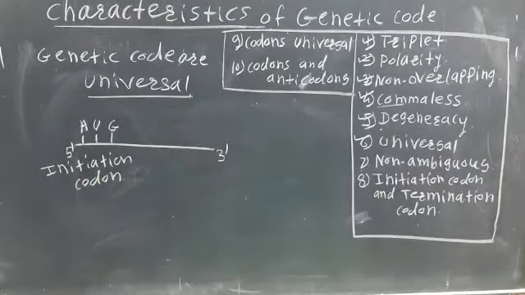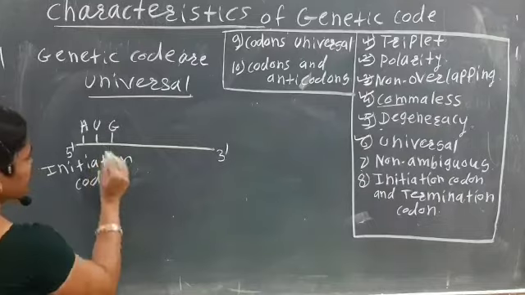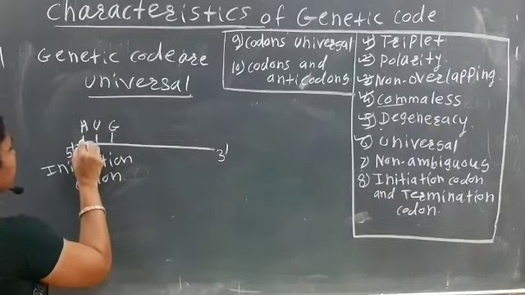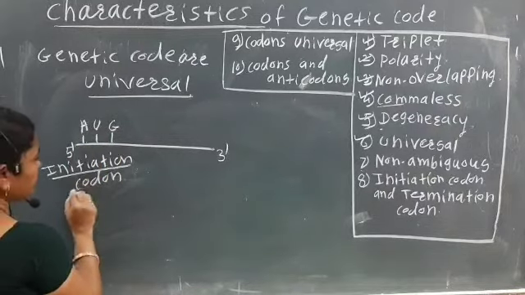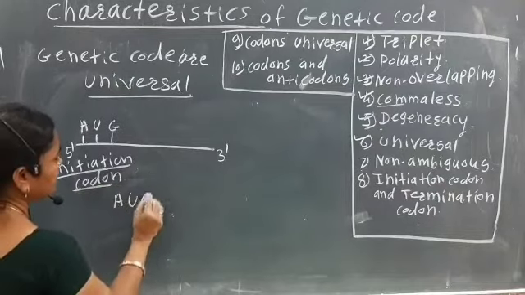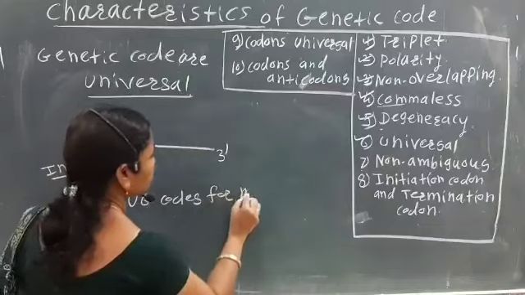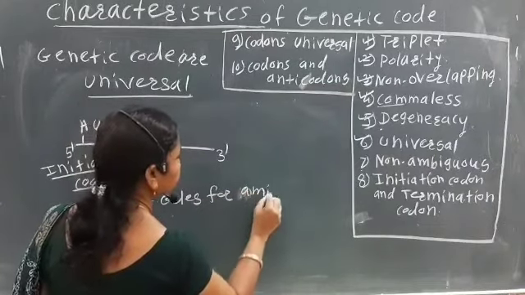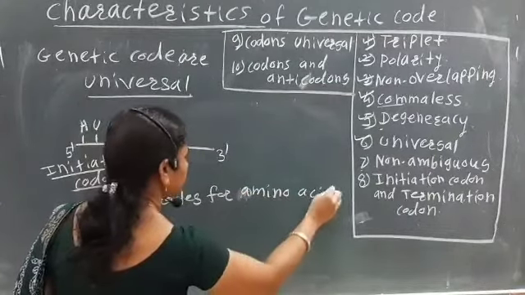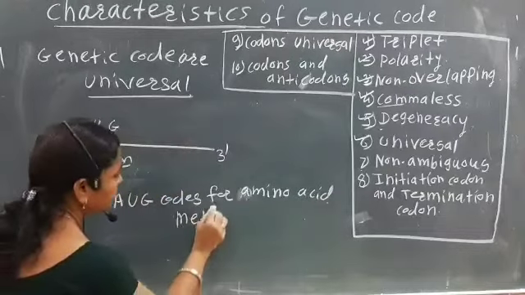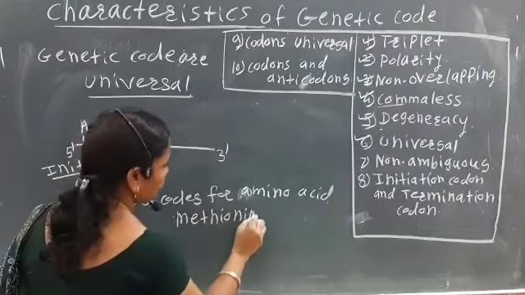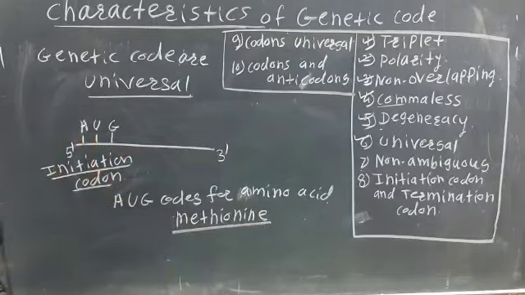Okay, while here this initiation codon, that is AUG, codes for the amino acid methionine. So this codon which is present at the 5 prime end is known as the initiation codon, and this AUG codes for the amino acid methionine. Amino acid कोणता amino acid कोड करतो? methionine.